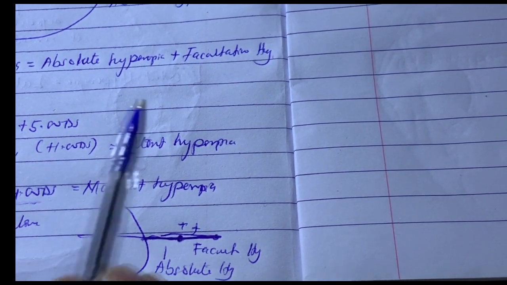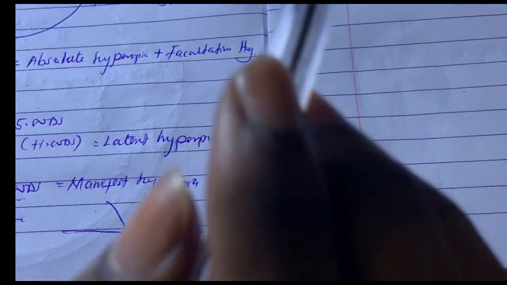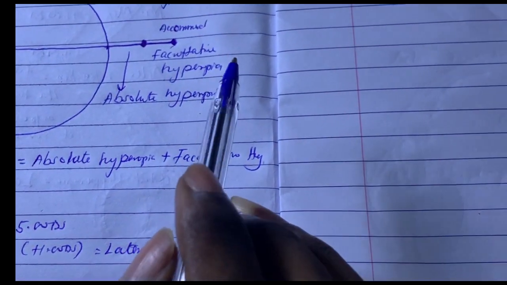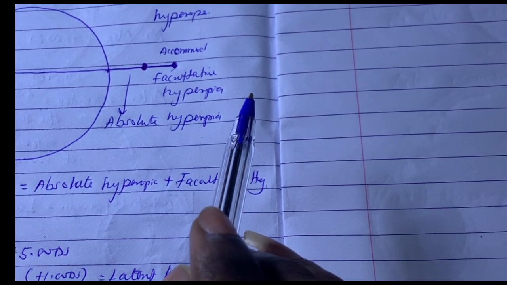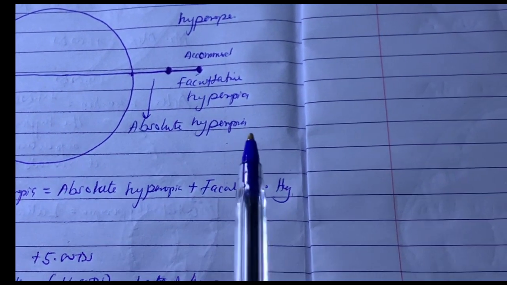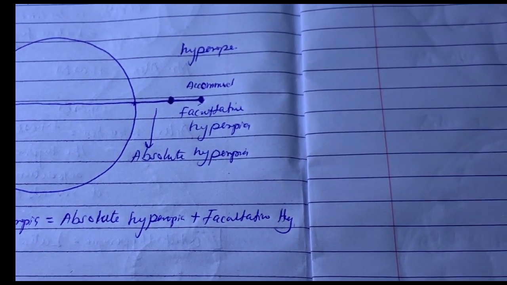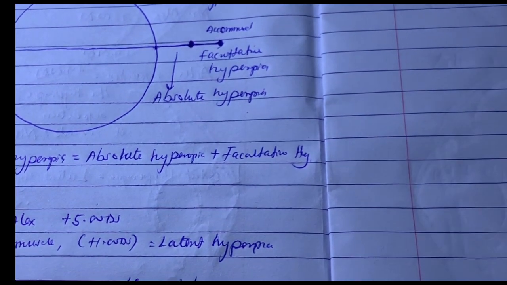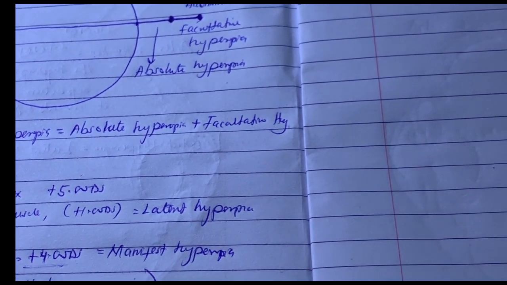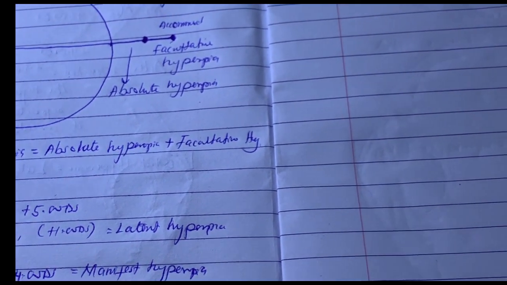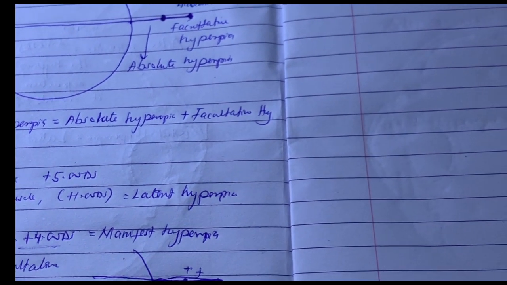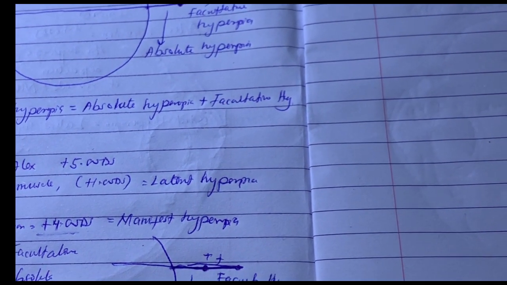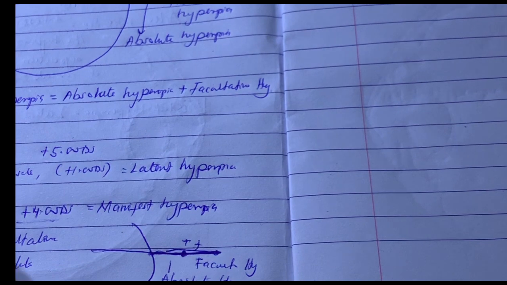Because cycloplegia paralyzes the ciliary muscle, the latent hyperopia is revealed. So total hyperopia is the latent hyperopia plus the manifest hyperopia in the refraction. Manifest is facultative plus absolute.